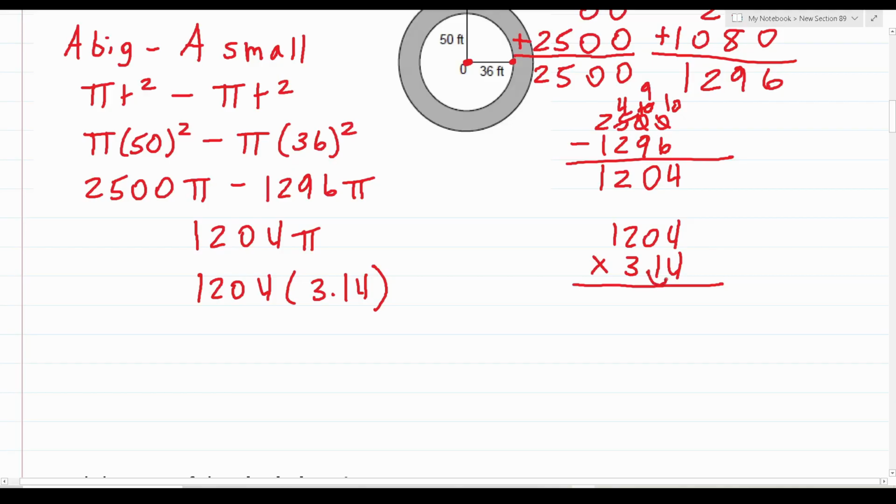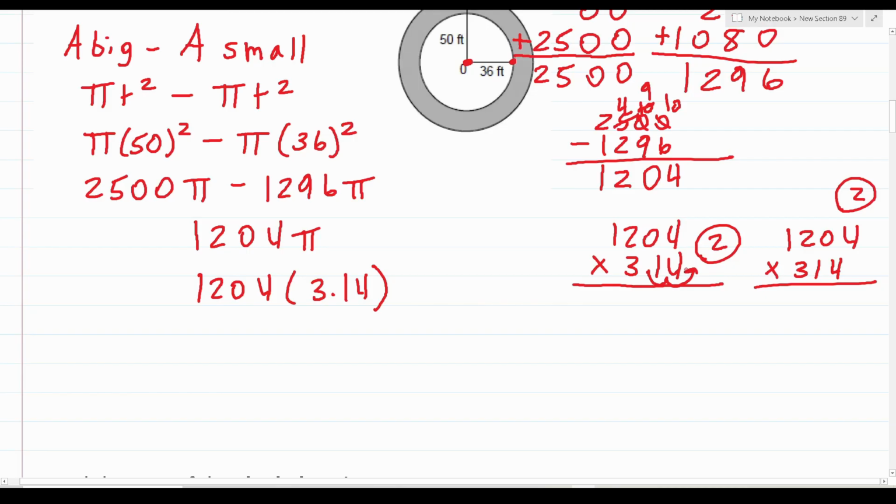So we're going to move it 2 times. And we're going to go ahead and rewrite this like this. This becomes 1204 times 314 with no decimals. But once we work this out, we're going to have to move those 2 decimals back to the left.